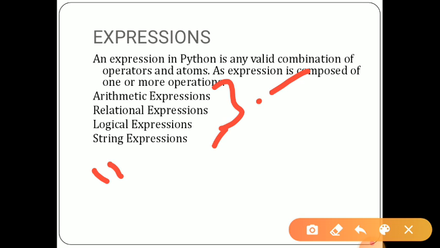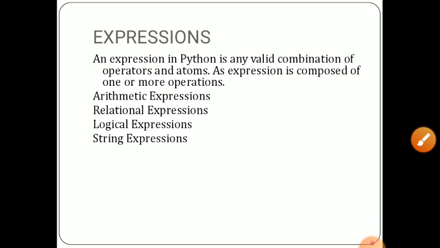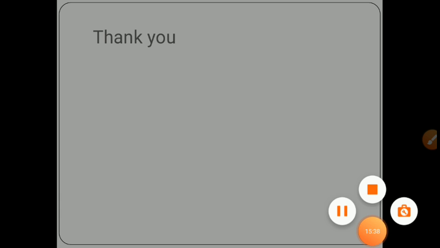Suppose I write a plus b, it will return ab. It means it combines these two characters. Same way, in place of characters we give strings, so it is called string expressions. So thank you students, and do the practical related to it.